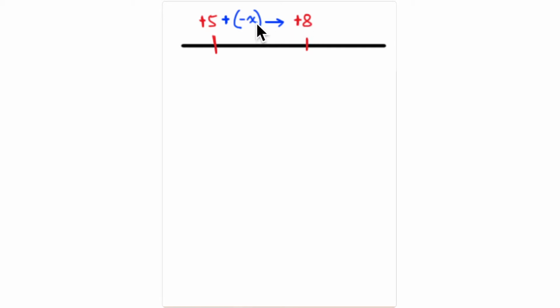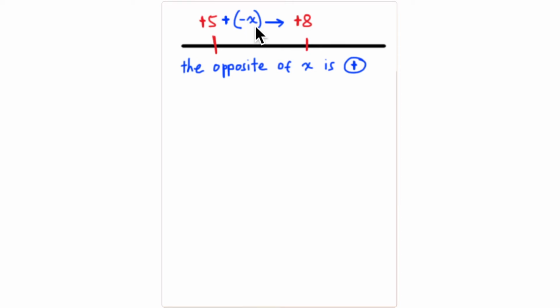So what does that tell you about this x right here? You're going to have to add a positive. So this whole thing has to be positive. So this is the opposite of x, is a positive value.